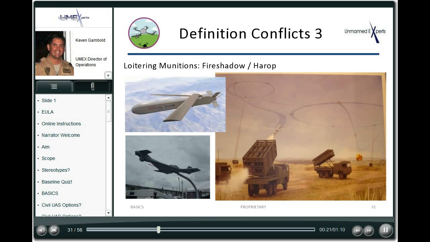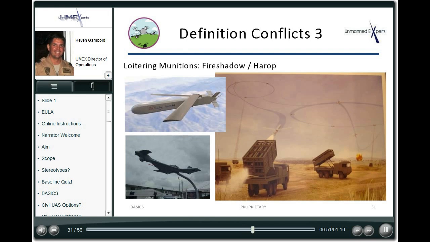The Harop at the bottom left, which is an Israeli design that's been used for anti-radar missiles, has basically been upgraded from simply an anti-radiation missile to have a sensor package, an EO/IR turret, as you can see in the bottom left, and it will loiter for, I believe, a 6-hour endurance before effectively crashing into the target using explosives in its body.